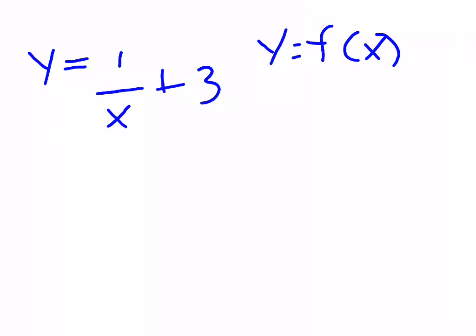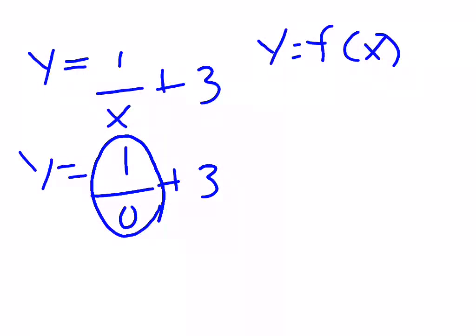So if I want my y-intercept, what am I setting equal to 0? I'm setting x equal to 0. And let's see what happens when we set x equal to 0. We have y equals 1 over 0 plus 3. This is a problem. Can I ever have 1 over 0? And the answer is no.